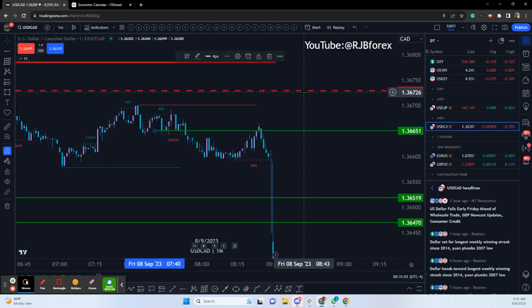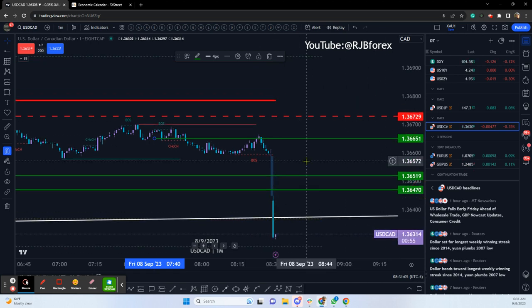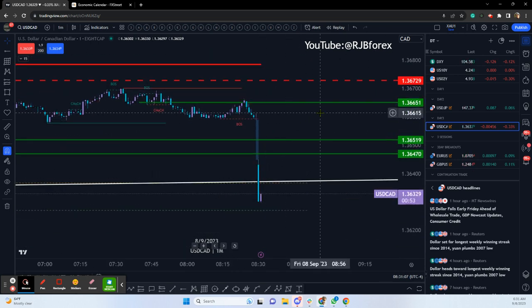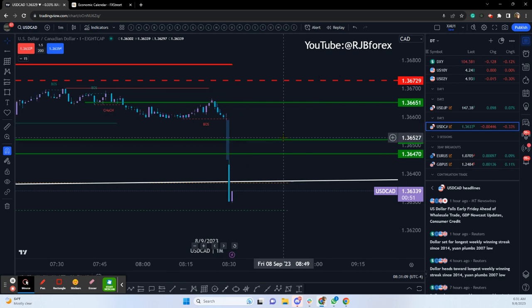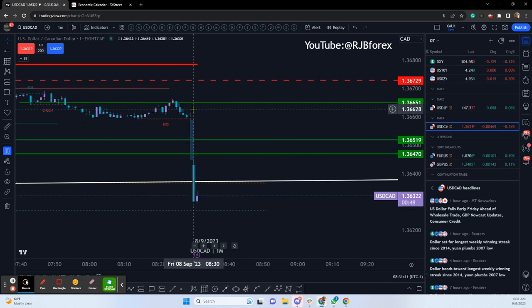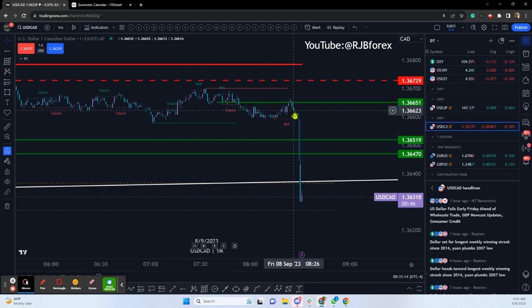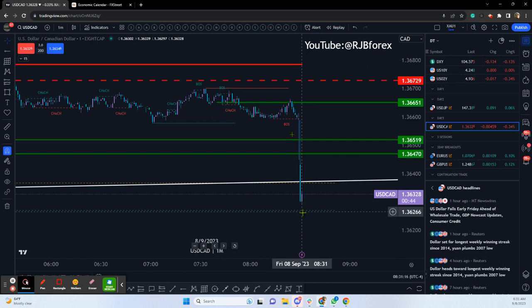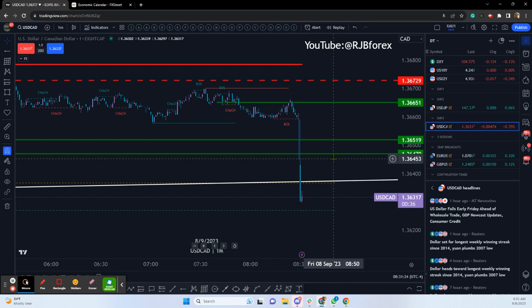So in that regard, what I mean by that is, look, this price has spiked. Look at that, it's just dropped very hard on the 1 minute chart here. So by that I mean the market can go where it wants to go, right, on the back of the data, but it tends to be volatile and give you two-way price action.